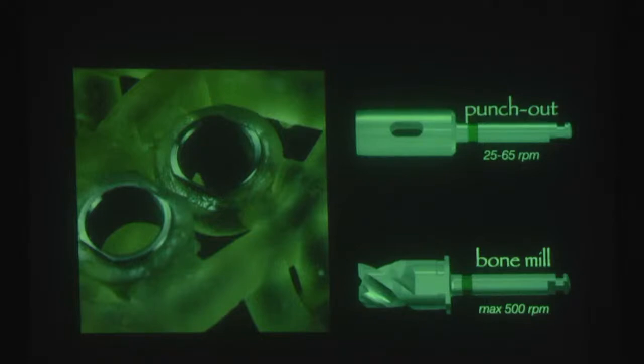And after it, we make the punch out, as you see in the video, and we can use this punch out instrument between 25 and 65 RPM with irrigation, please. And again, we have a bone mill, because we have some bone irregularities on the surface of the bone, and we have to make the surface smooth.